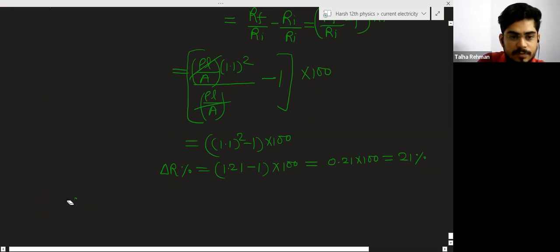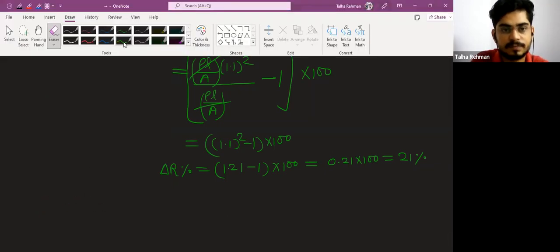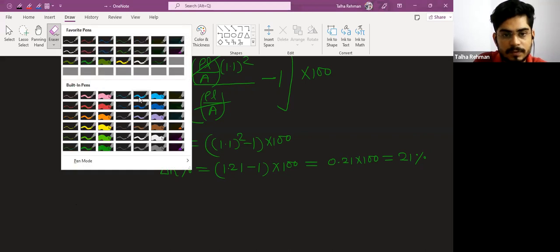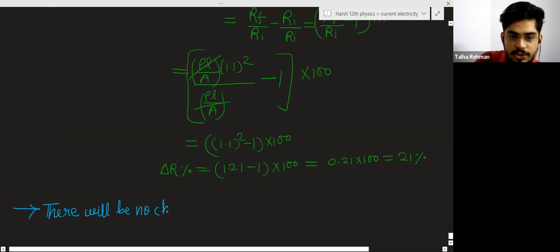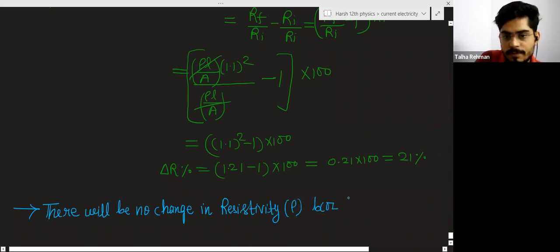There will be no change in resistivity rho because the material is not changing.